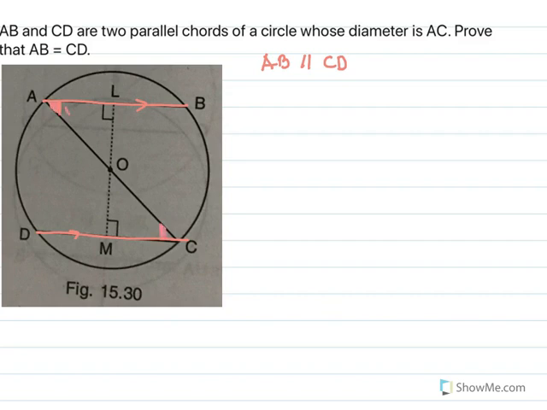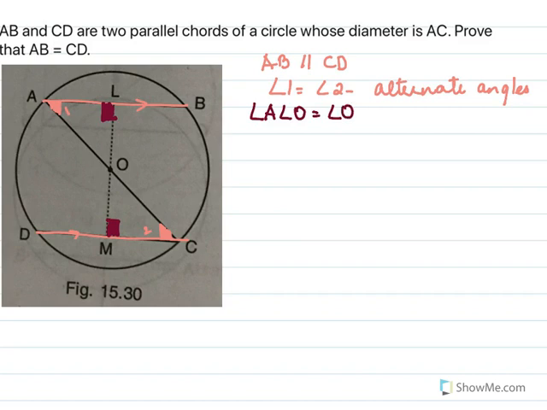Angle 1 will be equal to angle 2. So angle 1 equal to angle 2, that is alternate, because the lines are parallel. And here we also have 90 degrees. This angle and this angle is 90, equal to angle OMC equal to 90.